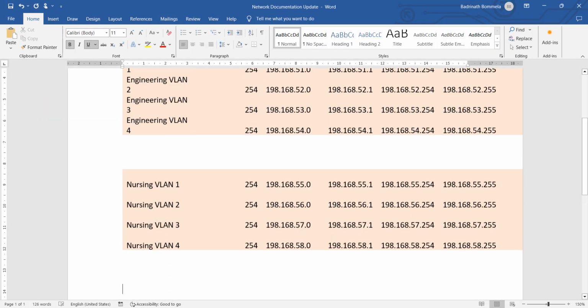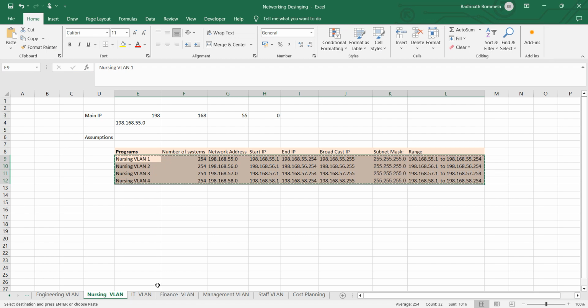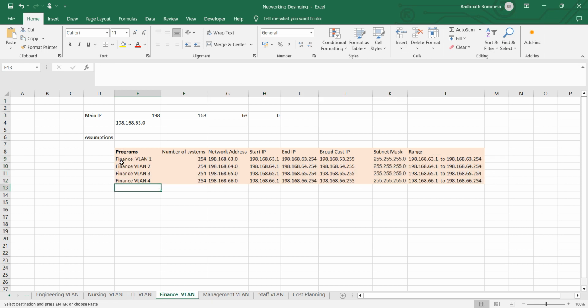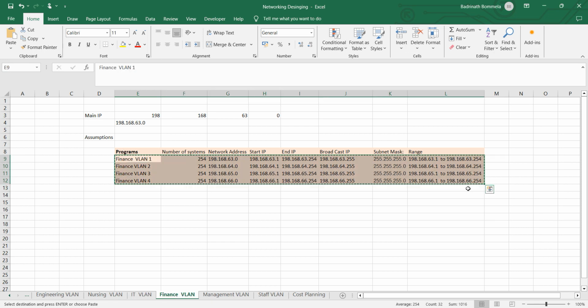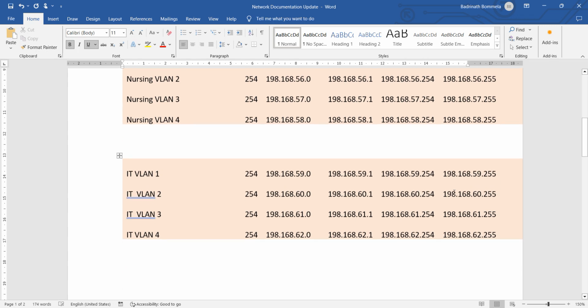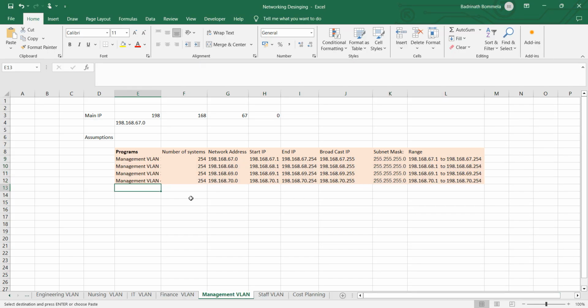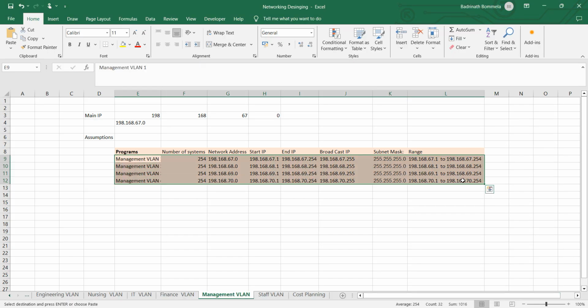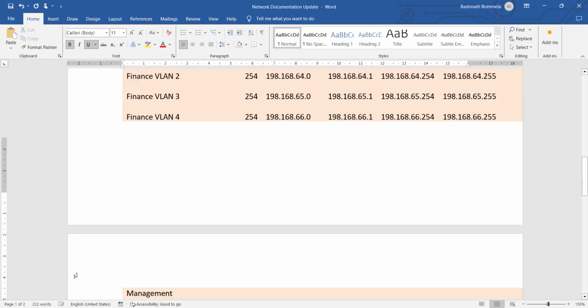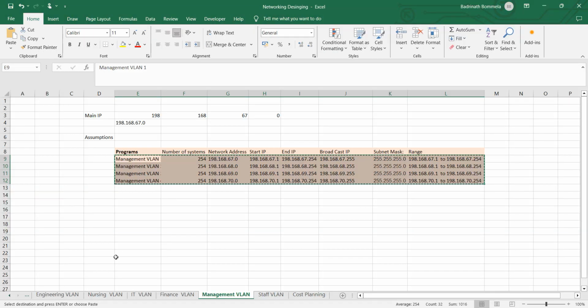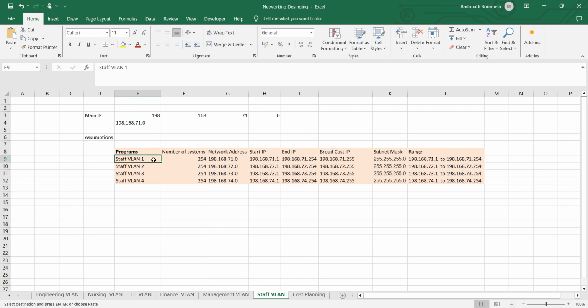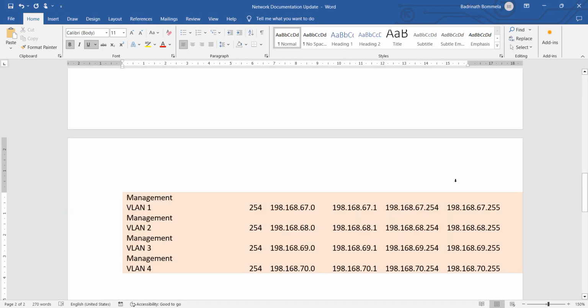So just copy it, paste it, then copy it, paste it, and then copy it, paste it. Copy it, paste it. Then the last one should be copied and pasted.